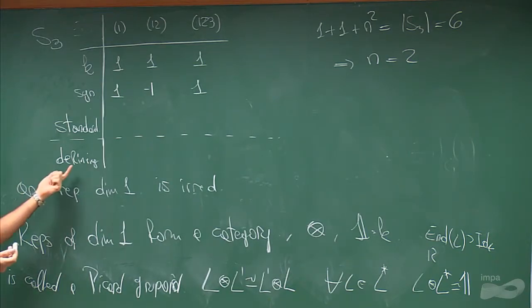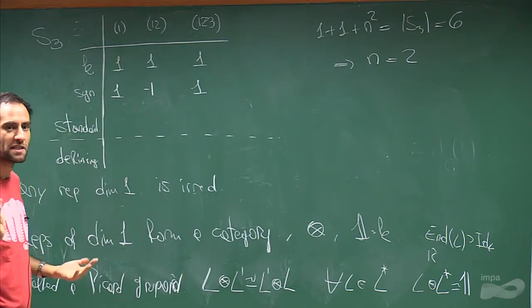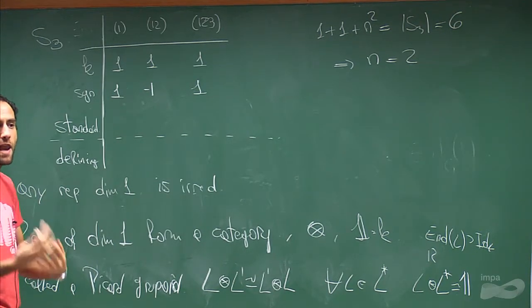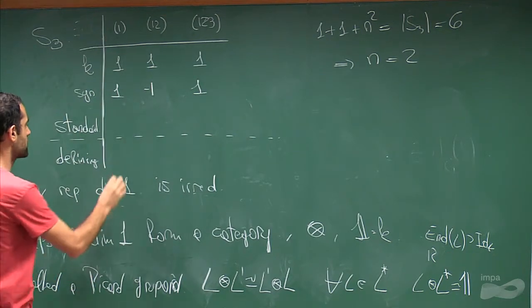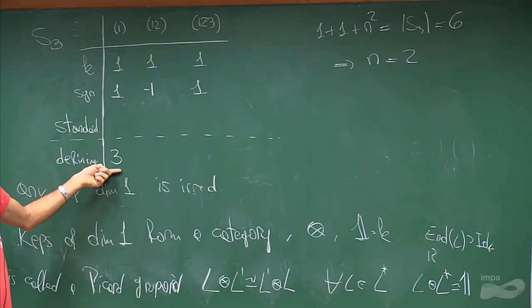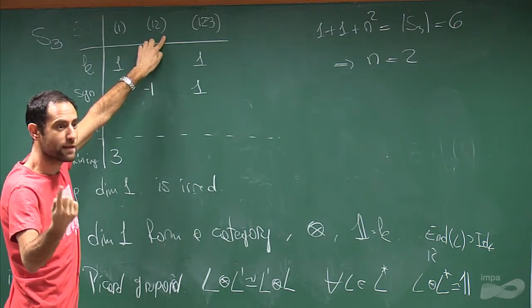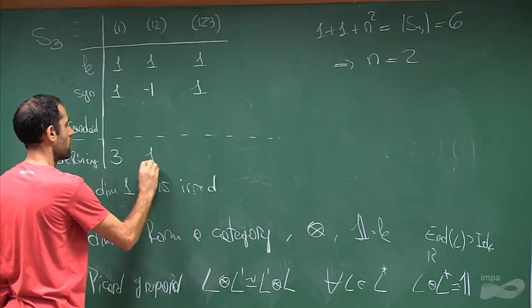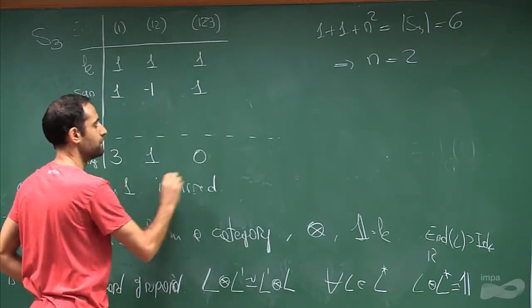So what is the character of that representation? For any representation given by an action, it's just how many elements you leave fixed. The identity leaves fixed the 3 elements, so the dimension of that space is 3. This thing here leaves fixed 1 element, the 3, which it doesn't touch, so there's a 1 here. And this thing here doesn't fix anything, so there's a 0 here.